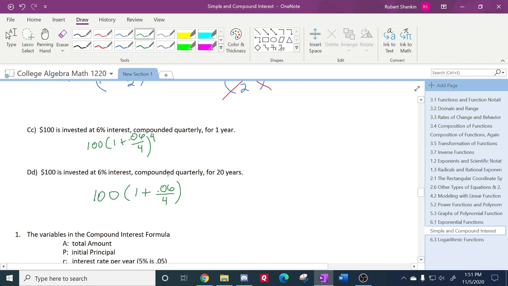And then by the time 1 full year is done, I would have it to the 4th power. By the time 2 years is done, I'd have it to the 8th, because it happens 4 every year. So what goes up here is 20 times 4. 20 times 4 times each year. So it's this raised to that power, to the 80th power.